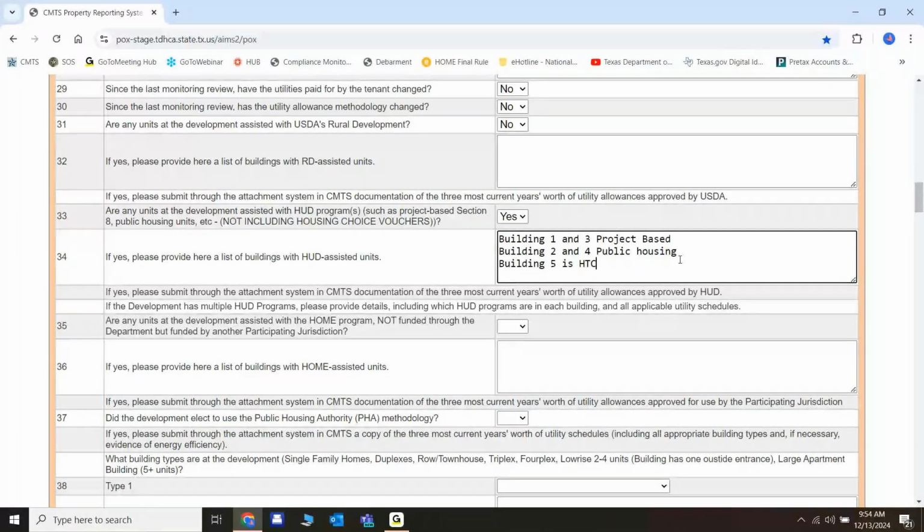That's perfect, that's telling us now you're going to upload. We know we should see a HUD project-based schedule. We should see a public housing schedule. And then we got to figure out what utility allowance you are using for housing tax credit. So you'd have to continue.